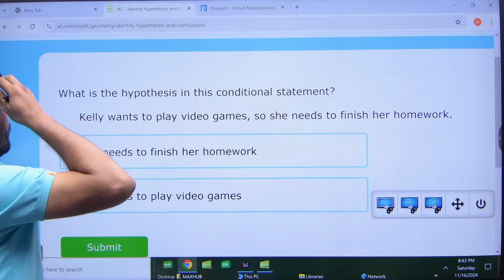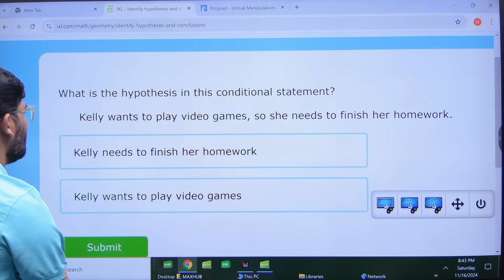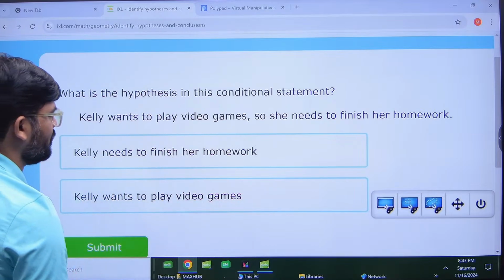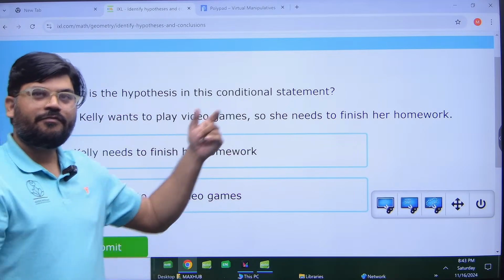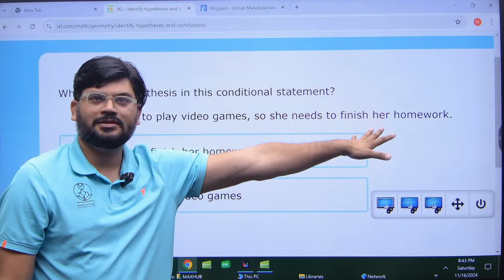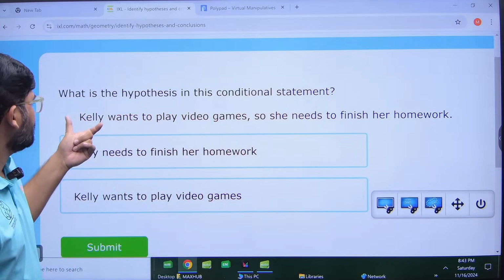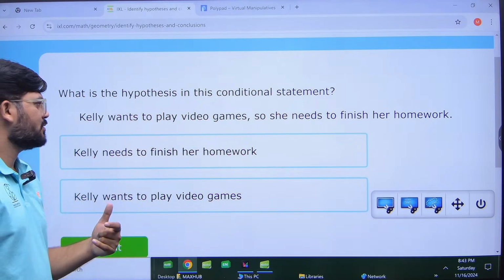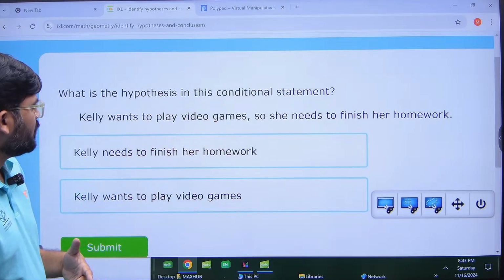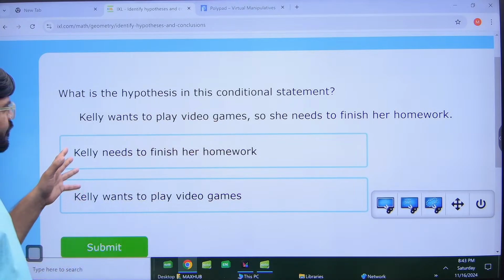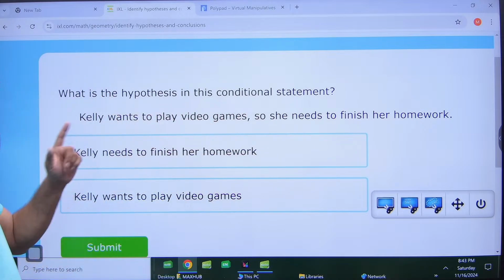If Kelly wants to play video games, then she needs to finish the homework. The first thing that should be done is finishing the homework, and then the second thing you can have is playing video games. So if you want to play a video game, you have to finish the homework, or we can say if she finished the homework, then Kelly can play the video games.